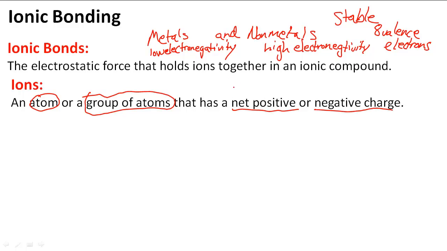A common example of an ionic bond is NaCl. This is table salt, something that maybe all of us have had before. Na has a positive charge because it's a metal and it wants to give away its electrons, and only one because it only has one to give away.